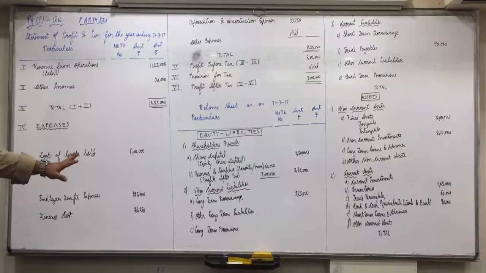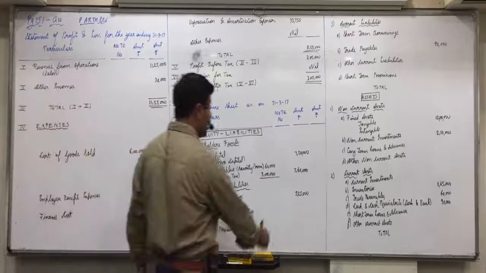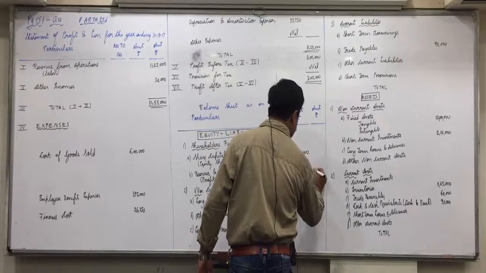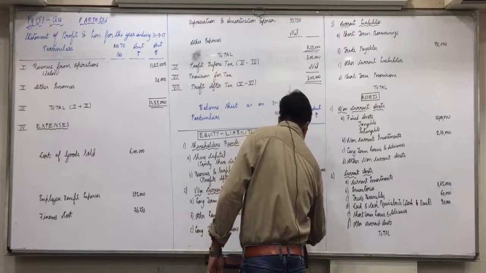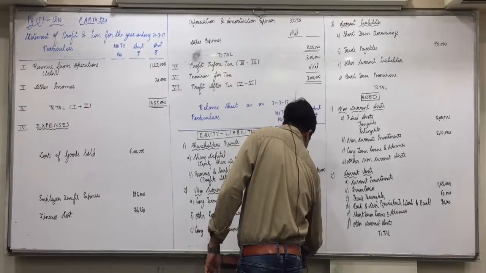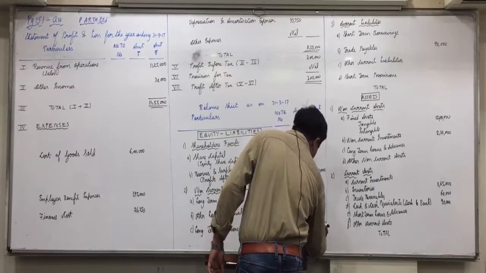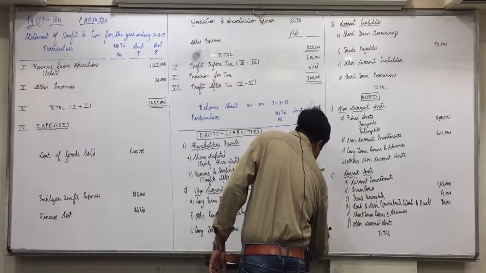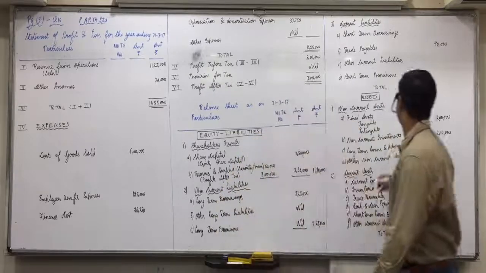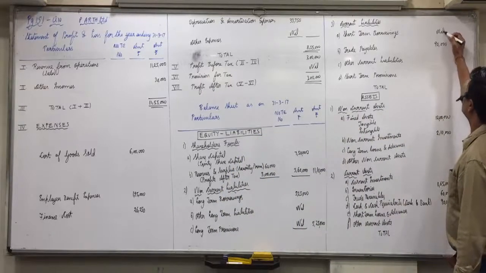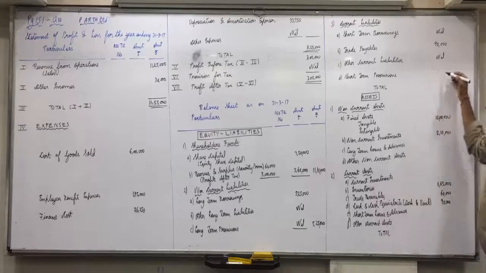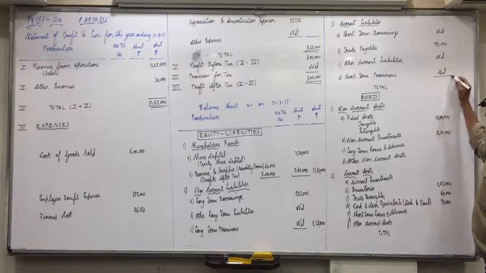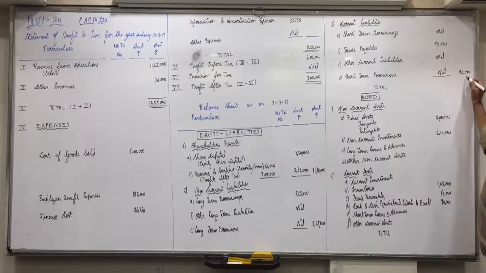Did everyone understand this? Now 750 and 360, 11,10,000. Other long-term liabilities nil, long-term provisions nil. 5,25,000 is the total of non-current liabilities. Short-term borrowings nil, other current liabilities nil, short-term provisions also nil, total 90,000. 17,25,000.